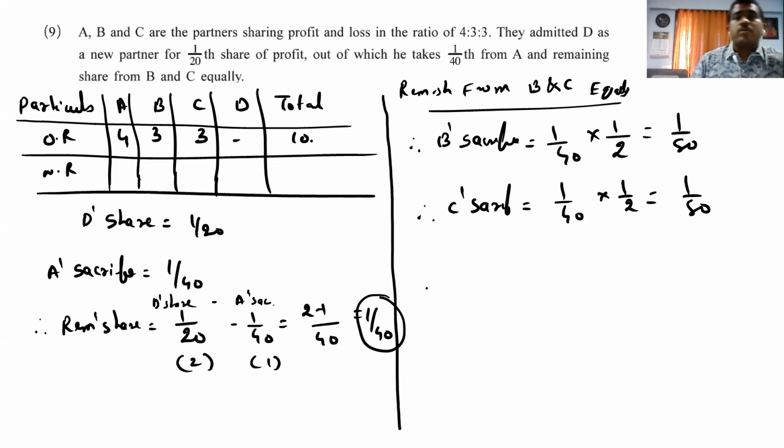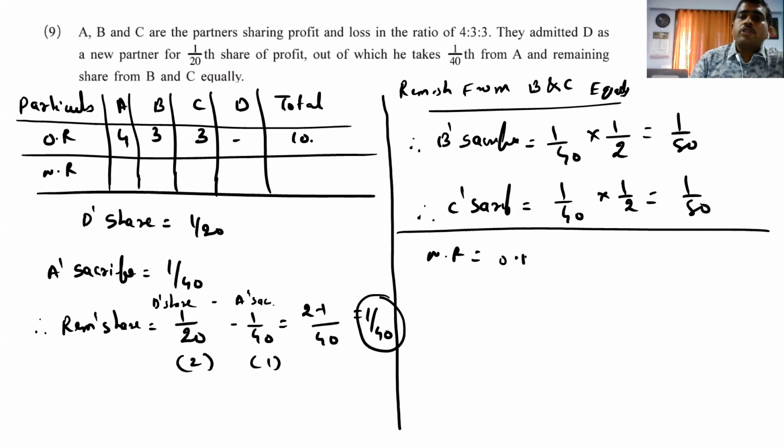Clear? So now let's see how to calculate the new ratio. The formula is: new ratio is equal to old ratio minus sacrifice ratio. Take the first name, A's new ratio. What is A's old? 4 by 10.